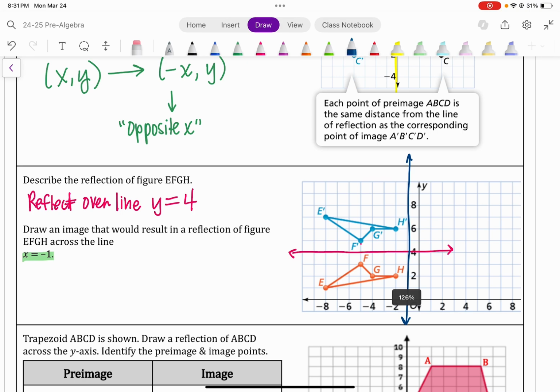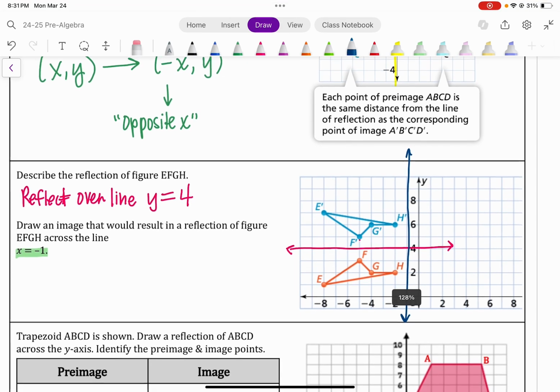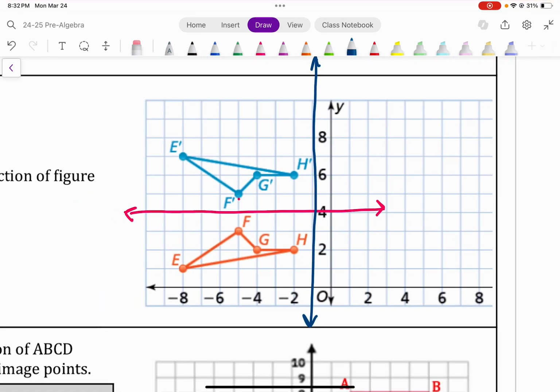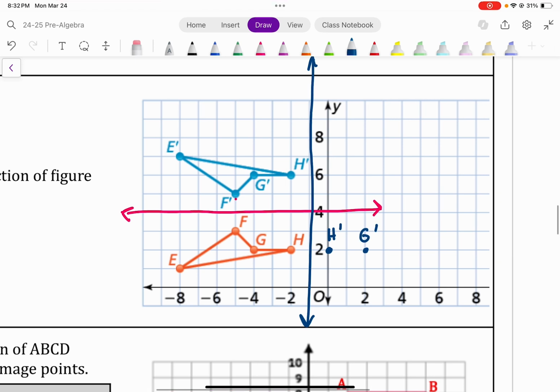So we're going to take our orange one and reflect over that line. So I can see that H is 1 to the left, so H prime is going to be 1 to the right. G is 3 to the left, so G prime will be 3 to the right.